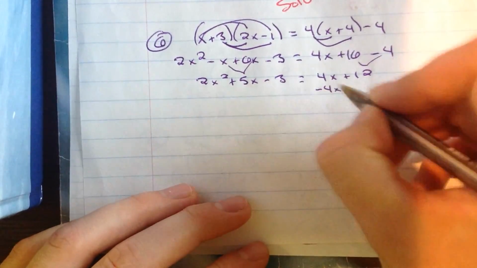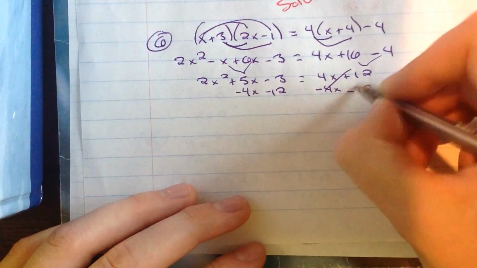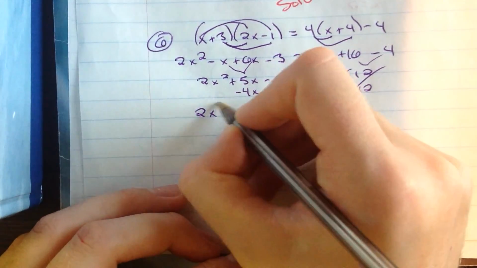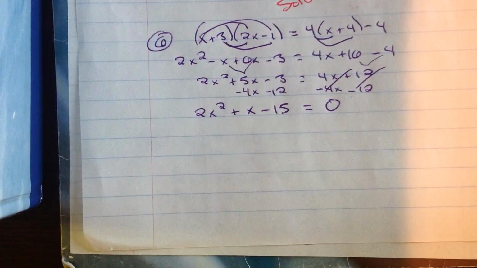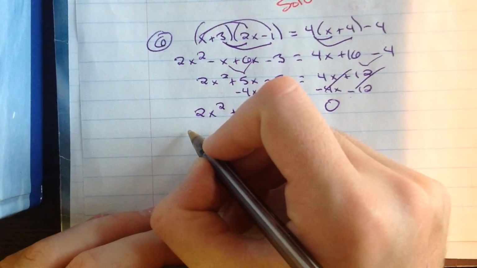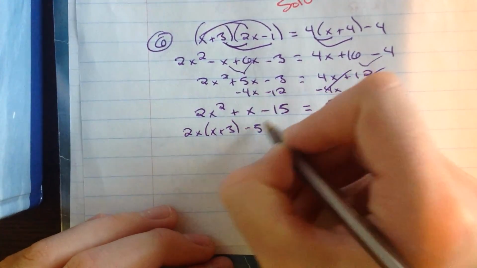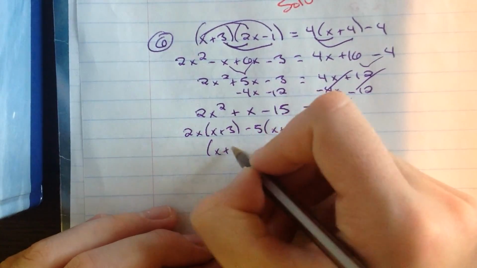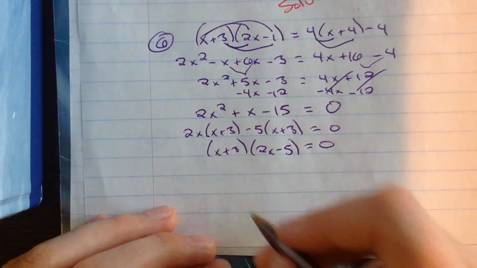Getting everything to the same side, this side becomes 0. We get 2x squared plus x minus 15. So if I factor this now, it actually becomes 2x, x plus 3 minus 5, x plus 3, set equal to 0, or x plus 3, 2x minus 5, set equal to 0.